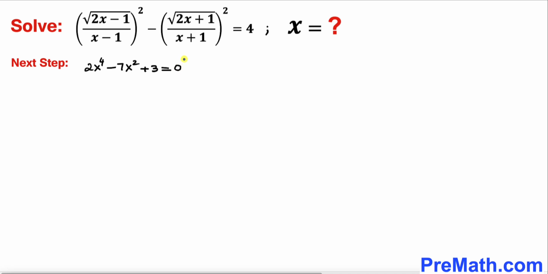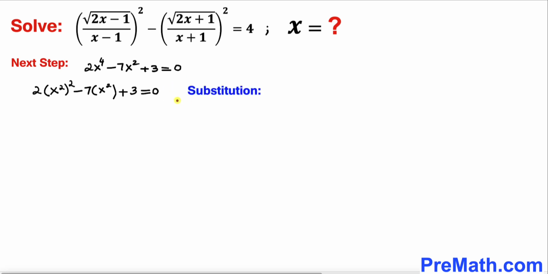And here's our next step. We can see that our given equation has been simplified to 2x power 4 minus 7x squared plus 3 equals 0. Now let me go ahead and tweak this x power 4. This could be written as x squared and then a whole square, as you can see in this next equation.